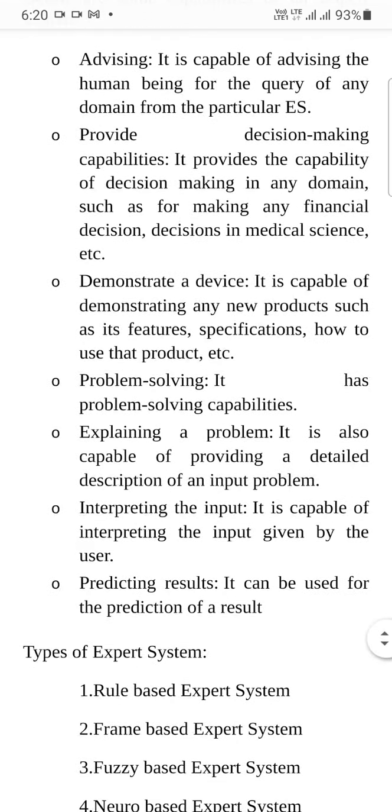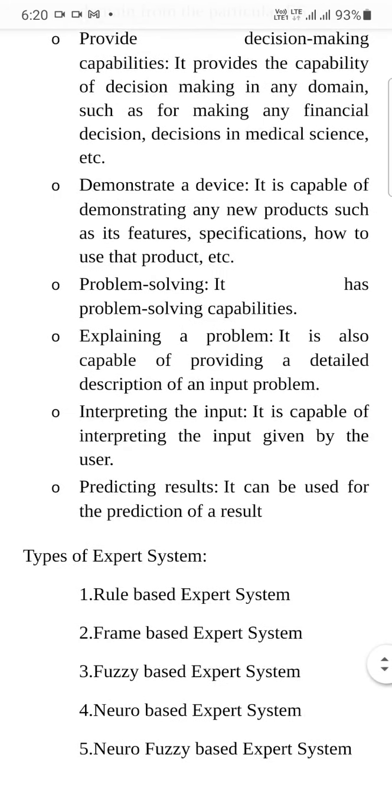Next is explaining a problem. It is also capable of providing a detailed description of an input problem. Next is interpreting the input. It is capable of interpreting the input given by the users. Last is predicting results. It can be used for the prediction of results.